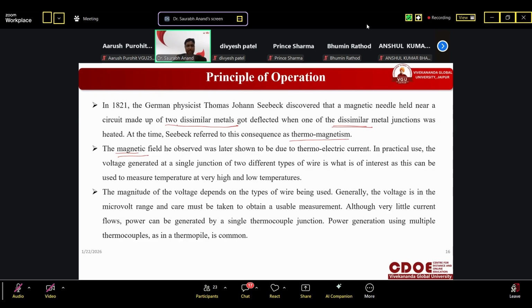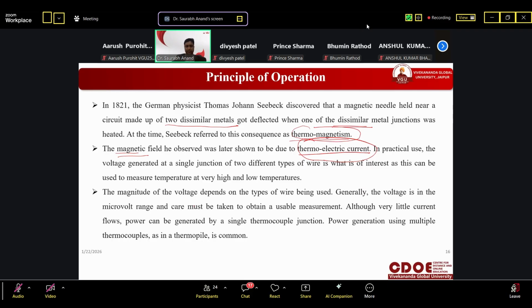It was observed due to thermoelectric current, because whenever temperature is there, accordingly it will be converted into electrical form. Whenever temperature is converted into electrical form, it is known as thermoelectric current. And if current is flowing, some magnetic field will also be developed, so that is known as thermomagnetism, right?